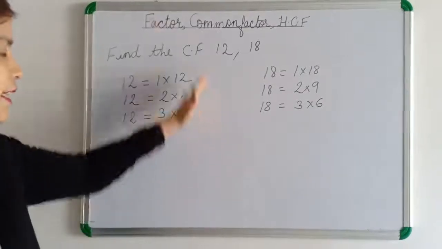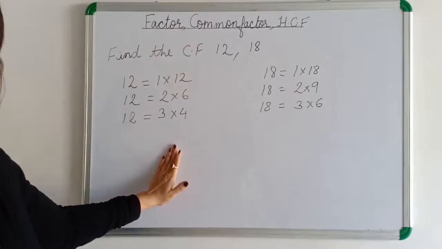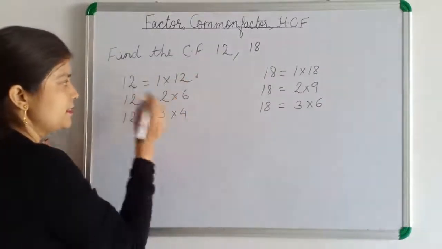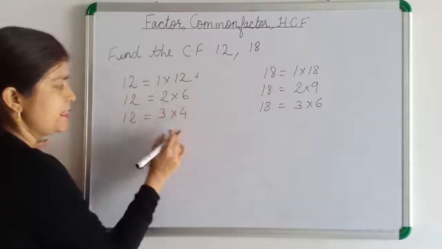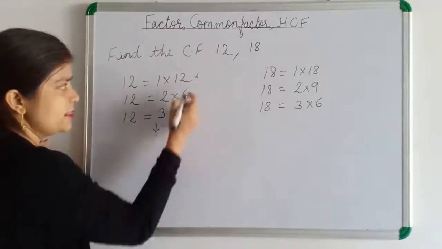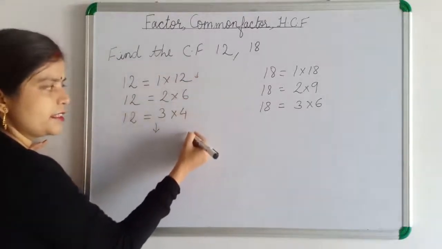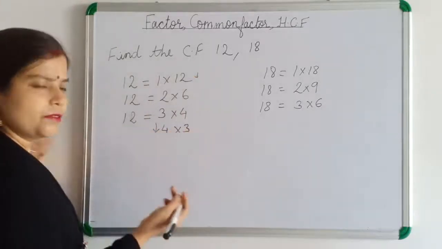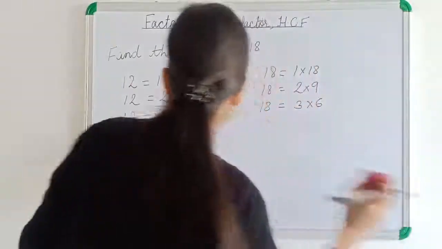So again repetition will start, because if in this direction it is increasing, then you can see that in this direction it is decreasing only. If there will be the 4, then there will be the 3. So it will be the repetition only, no need to repeat.